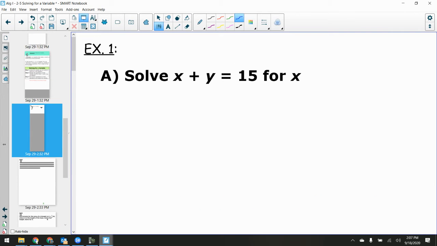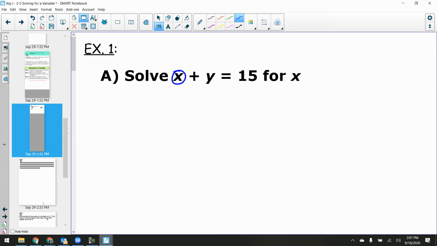So let's try one here. What variable am I solving for? X. So everybody find X, circle it. Don't move it. The tendency is to try to move the variable that you're solving for. Don't move it. What's being done to X?